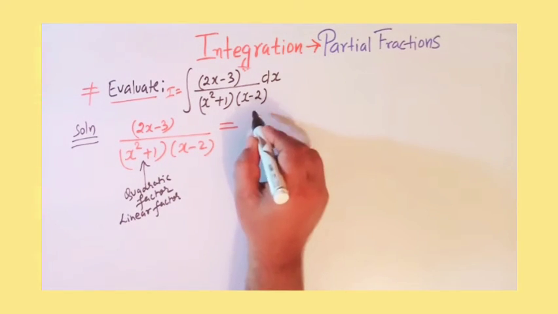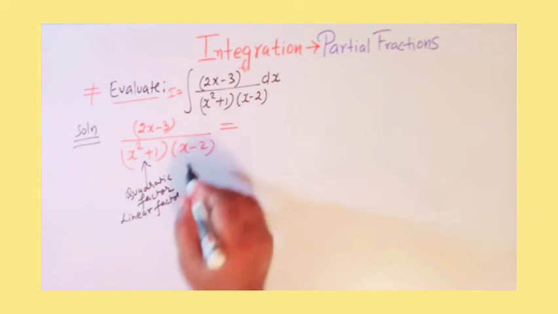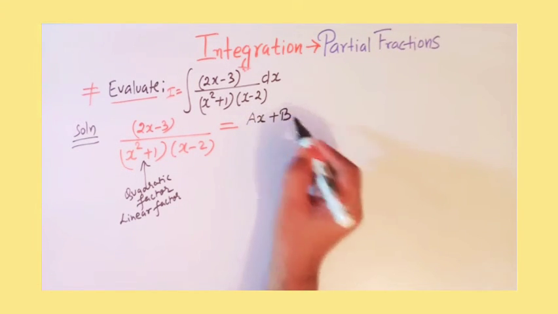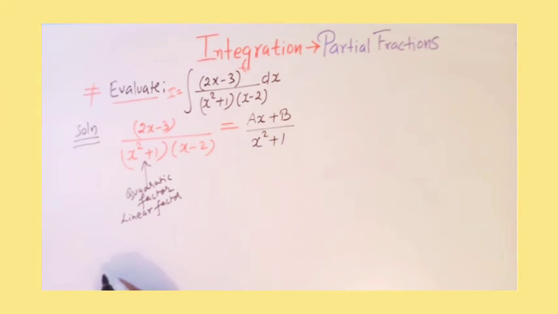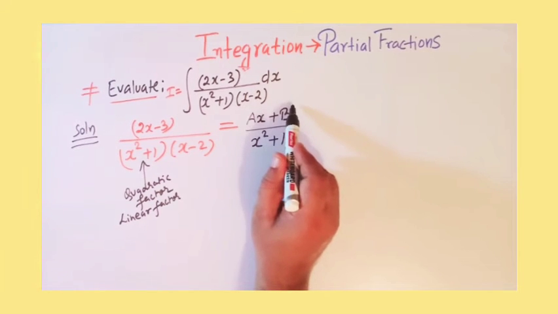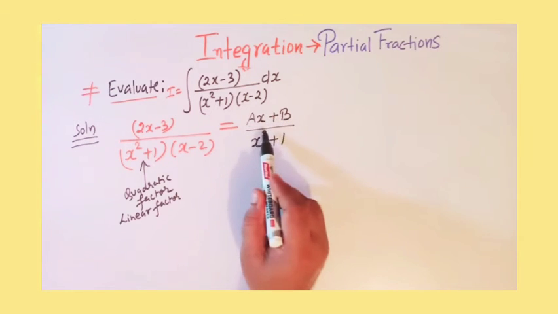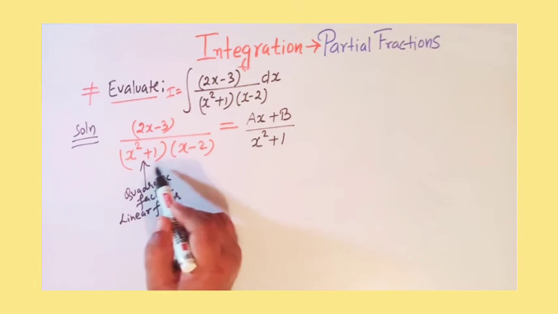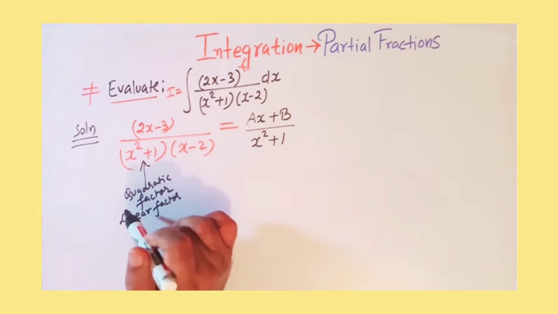So if we wish to find the partial fractions, the partial fractions would be (ax plus b) divided by (x square plus 1), right? So we always write ax plus b in the numerator whenever we have a quadratic factor which cannot be decomposed into linear factors, right?